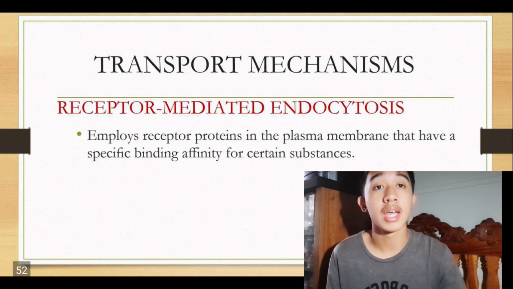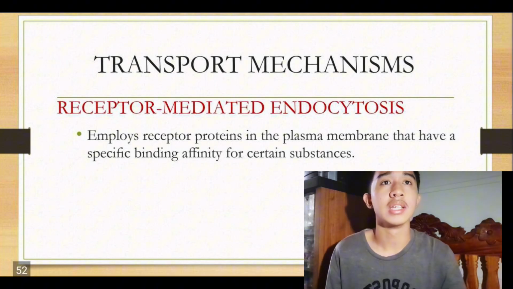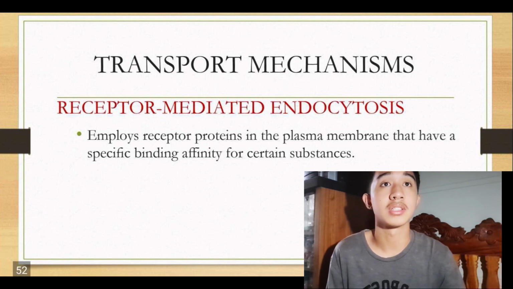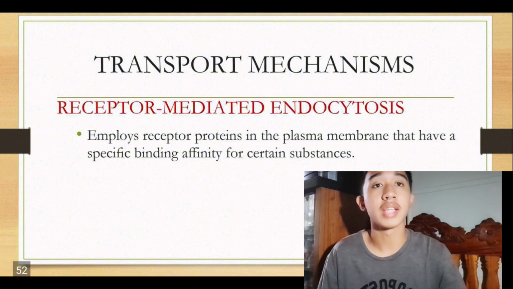Pinocytosis is the process by which cells take in fluids and solutes. Phagocytosis is the way white blood cells engulf and digest pathogens, and receptor-mediated endocytosis is the mechanism by which certain chemicals attach to cell surface receptors and are taken up by the cells.